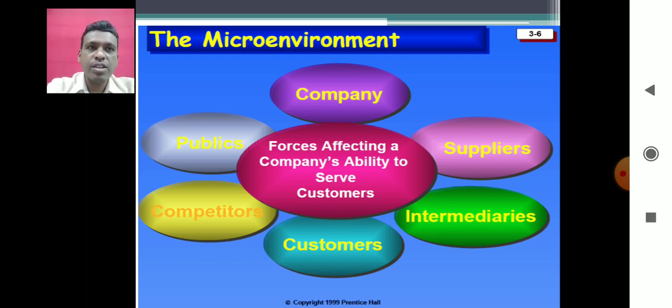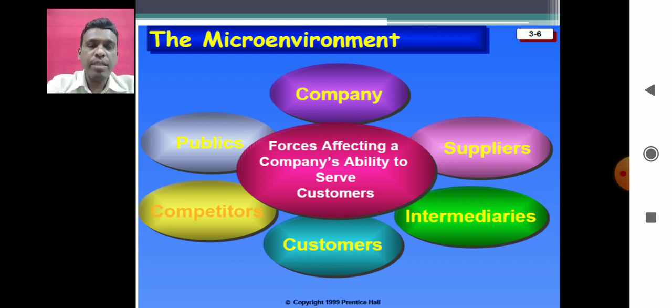Some organizations supply directly to the retailer, while others use a complex chain of marketing channels. For example, the producer might sell to the wholesaler, the wholesaler might sell to the retailer, and then the retailer might sell to the customer.